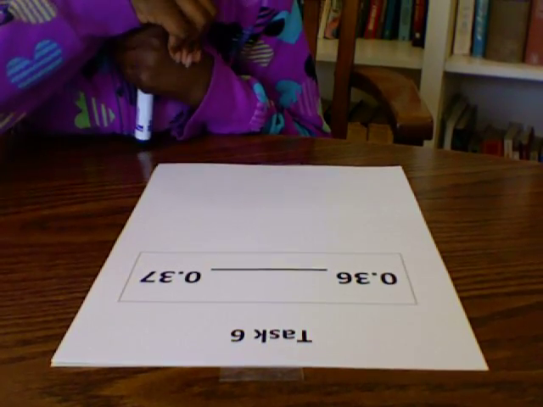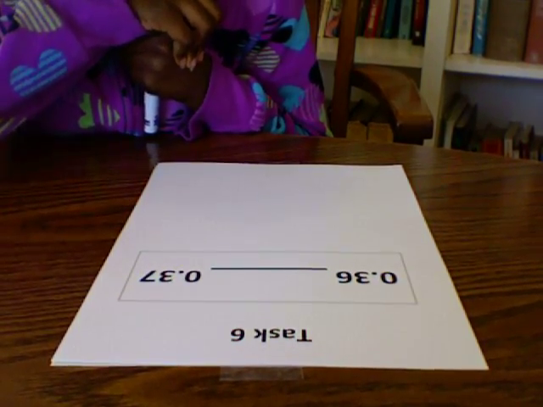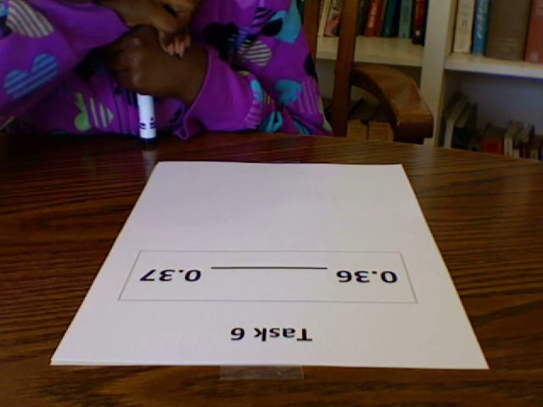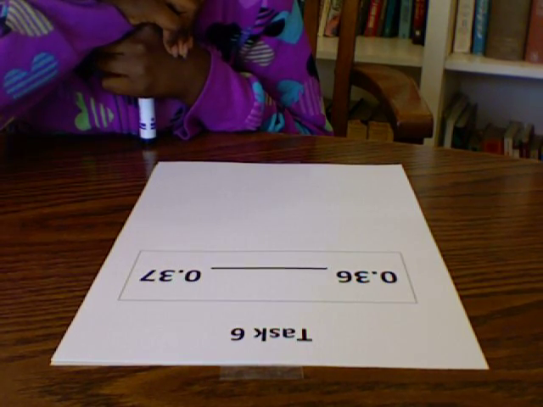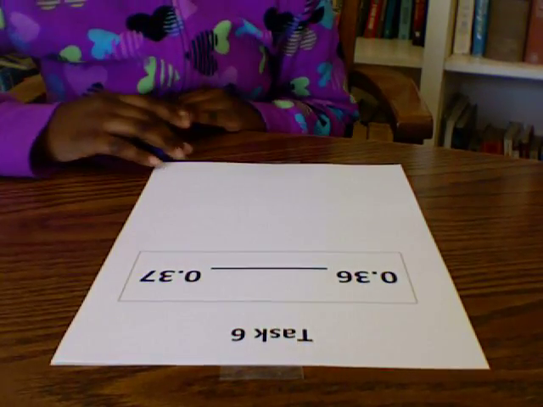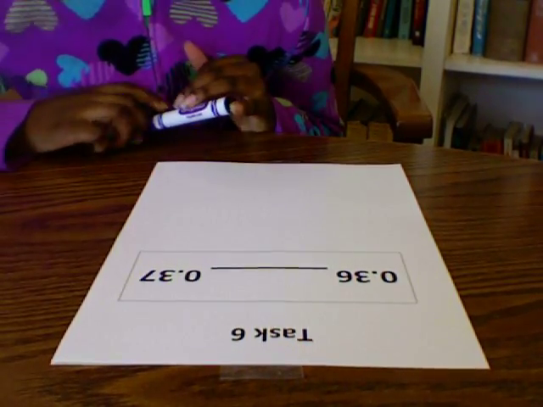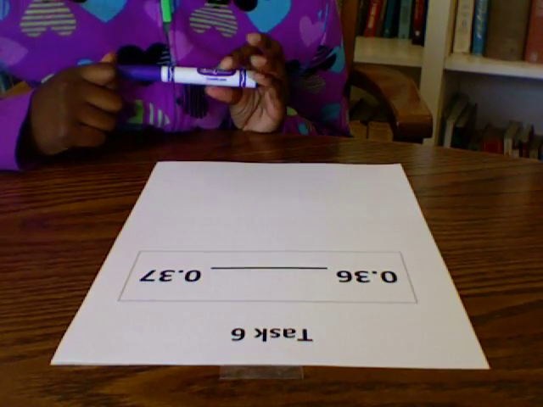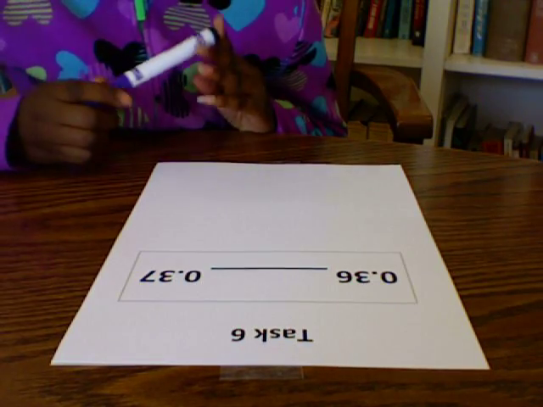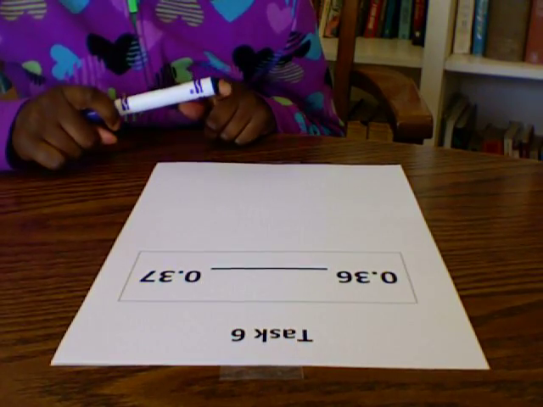There's some equivalent ones, but I can't. You don't know. I don't know. What are the equivalent ones that you know? 0.37 thousandths. Show me that.